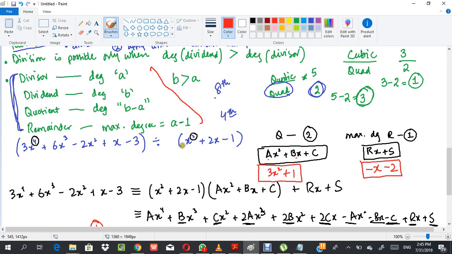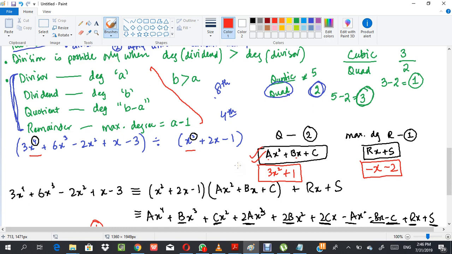So since here we had a quartic polynomial being divided by a cubic polynomial, the quotient had to be a polynomial with degree 2. So we made a general expression for a polynomial having degree 2.